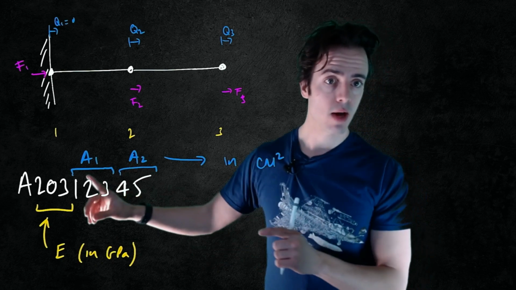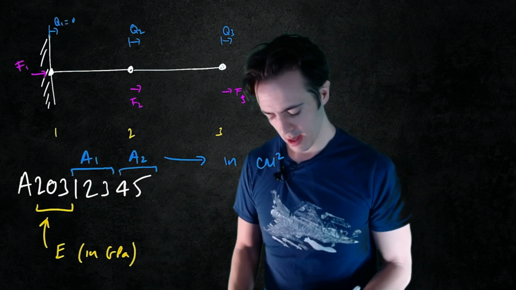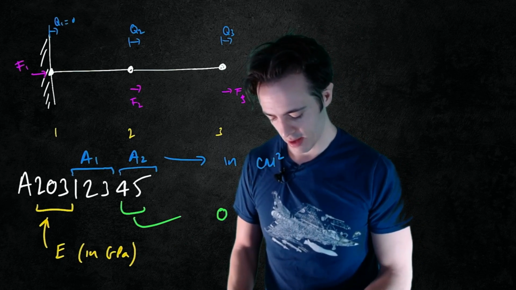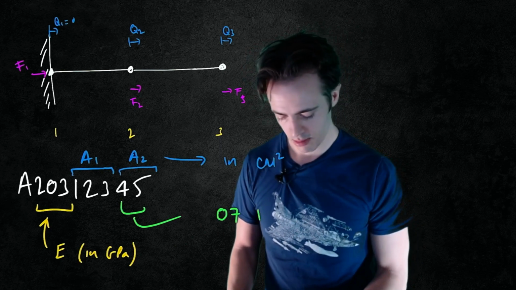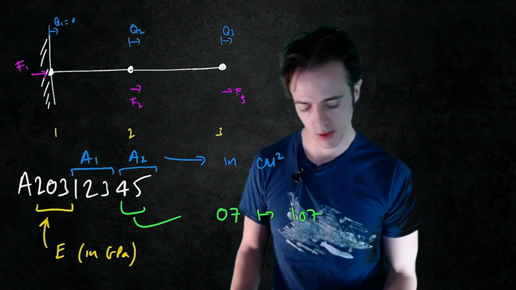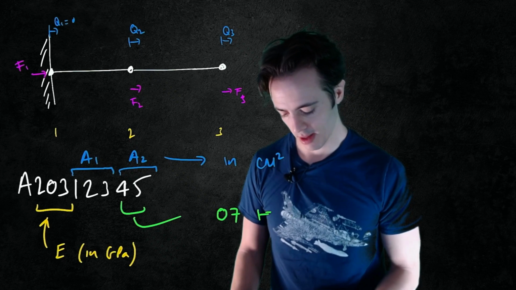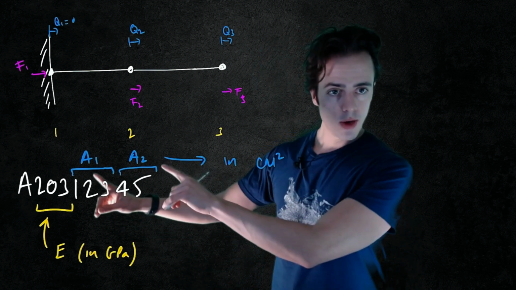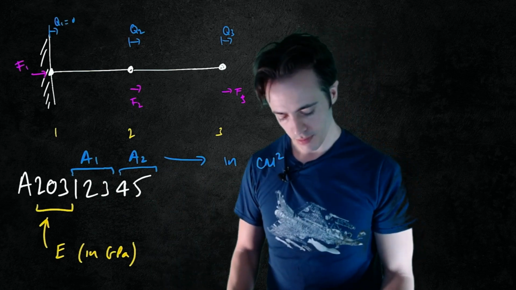What do I mean by that? Well, if your 2 digits come out, and you happen to have, say, 0, 7, you're then going to have 107. That will be your A2. I'm trying to be as clear with this as I can. It should be relatively simple instructions. So your A1 and your A2 are going to be different for this problem.